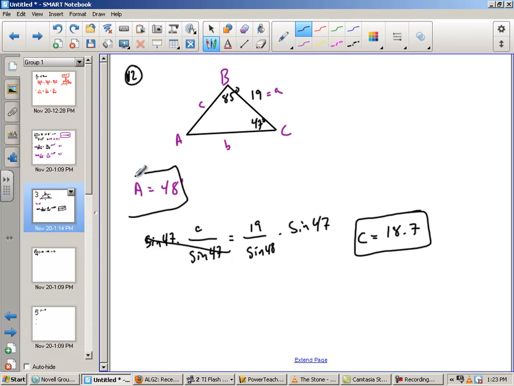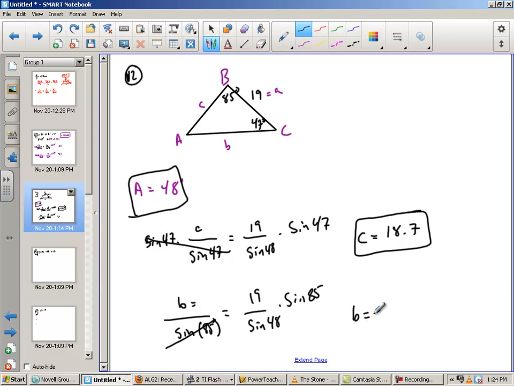So there's two pieces of information so far. I still need to find little b, which is little b over the sine of 85 is equal to 19 over the sine of 48. Again, times the sine of 85.